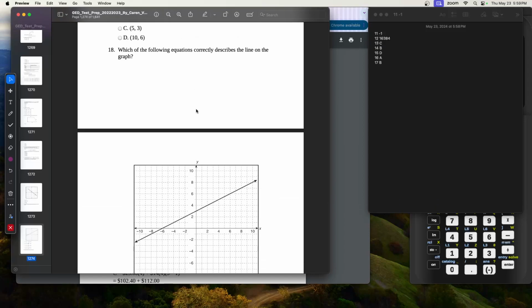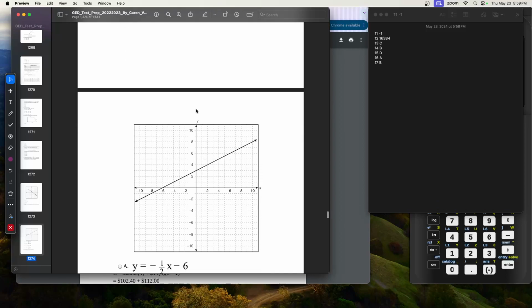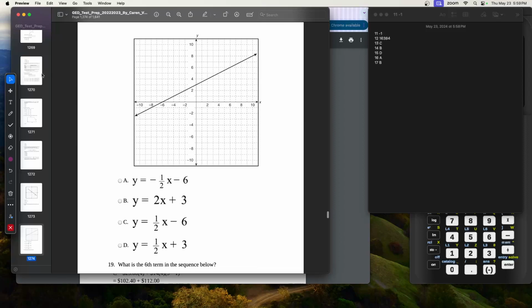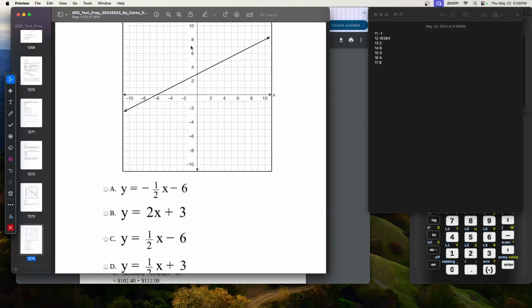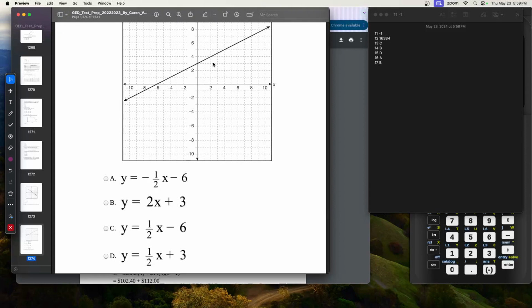Question 18. Which of the following equations correctly describes the line on the graph? So hopefully you guys are familiar with slope-intercept form.